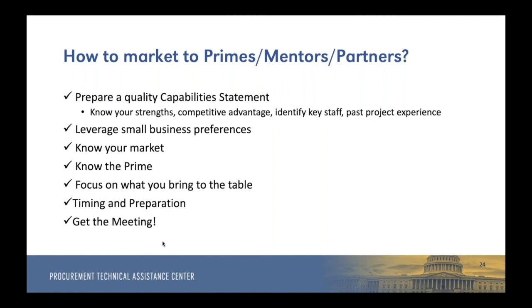Chances are that they already have their subcontractors lined up, and if they don't know you, they won't take chances of subcontracting with somebody that they don't know. So it takes time to build these relationships. Okay, move on.